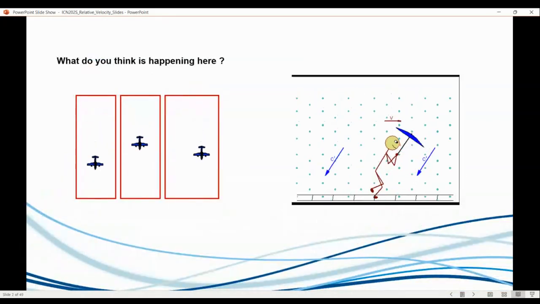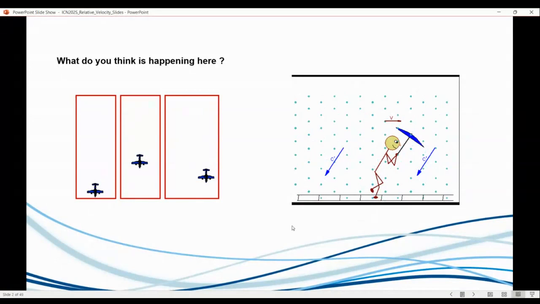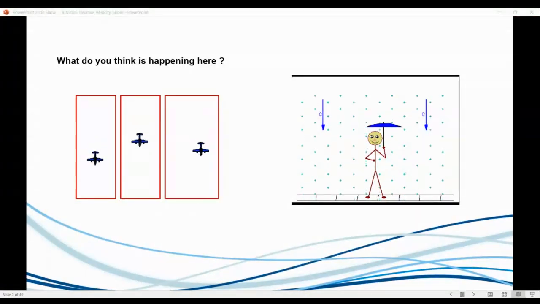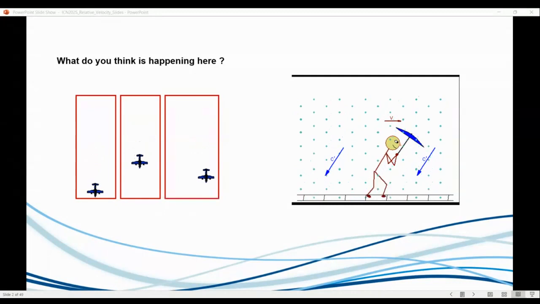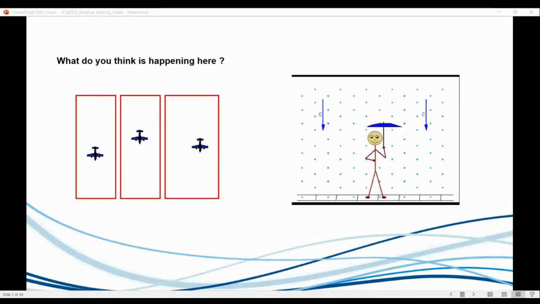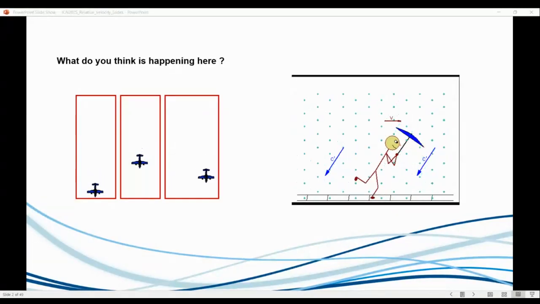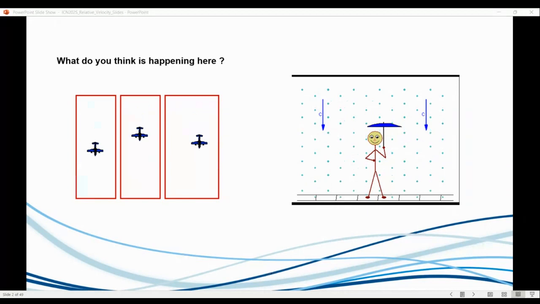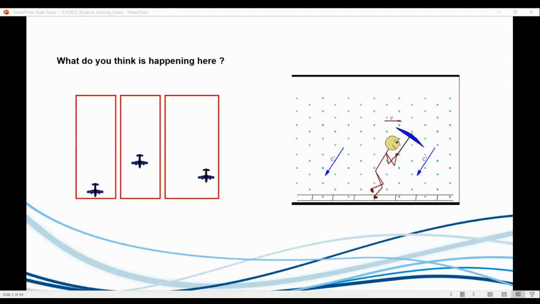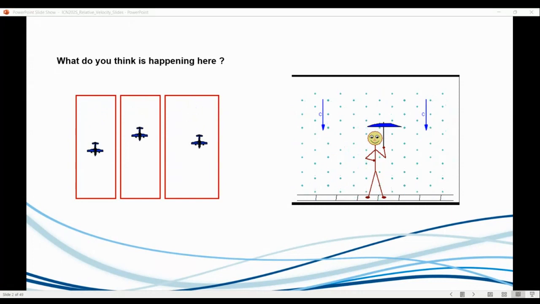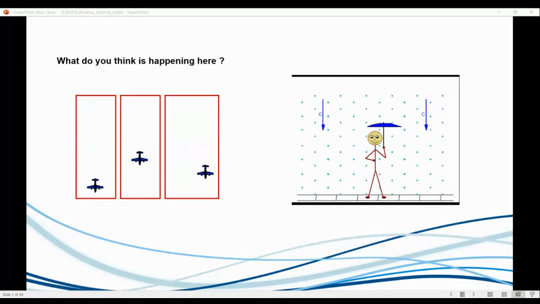Looking at these figures, let's start with the plane, for instance. What do you think is happening with the plane? Look at the plane. There are 3 particular ones. The image on the left, you guys can see. What do you think is happening? Talking about relative velocity, anyone has any idea?